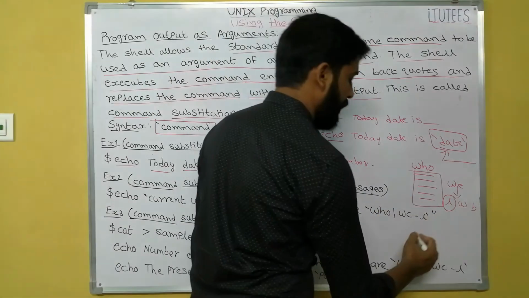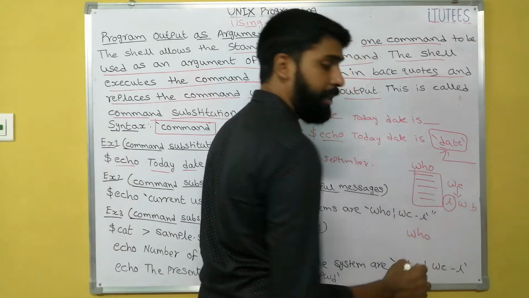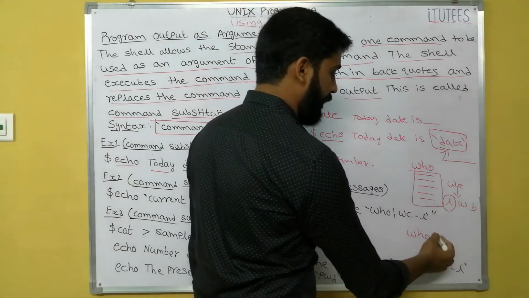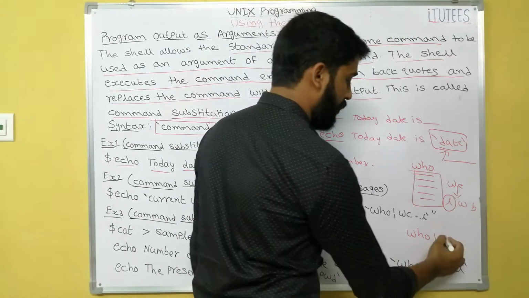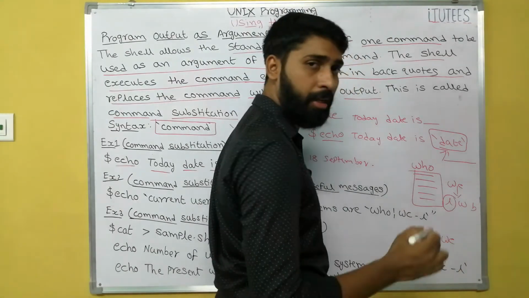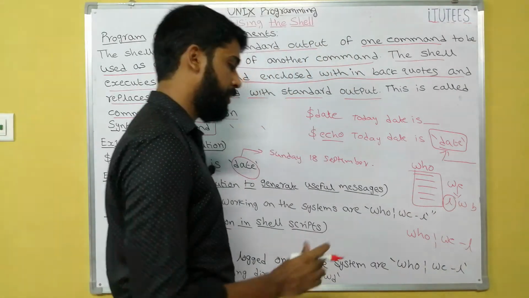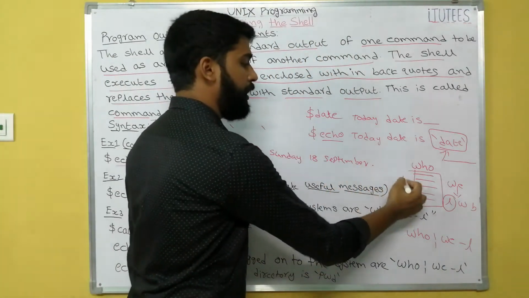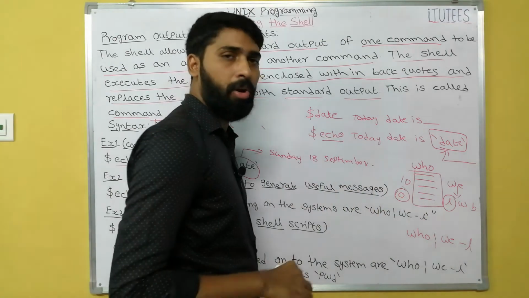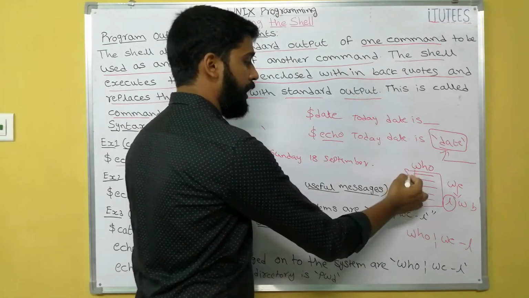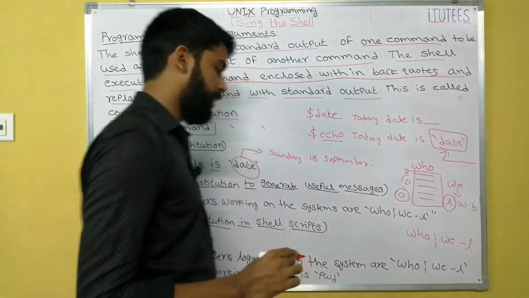How can I write the command? who gives some output, which we redirect using the pipe to word count. In word count I represent only the lines. If the number of lines is 10, then 10 people are logged in. If the number of lines is 8, 8 members are logged in. That's it.